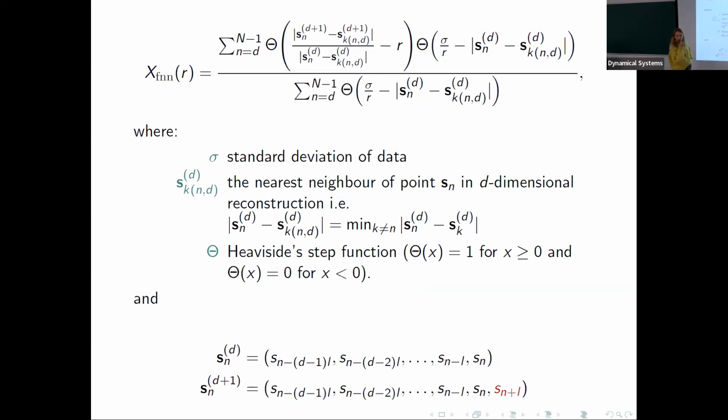Excuse me, what is capital M? Oh, it's the length of the time series, I mean, the number of points like that. The total length of the time series?